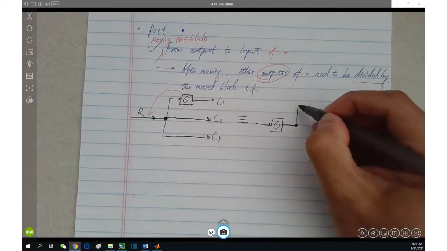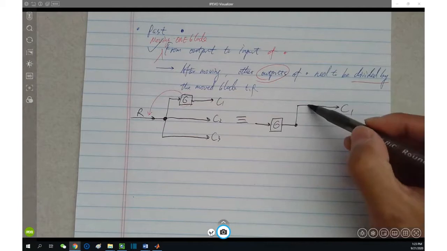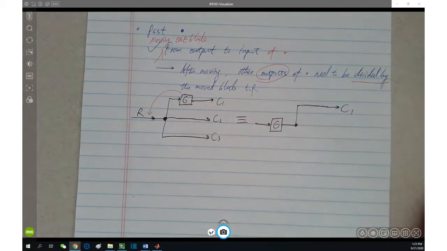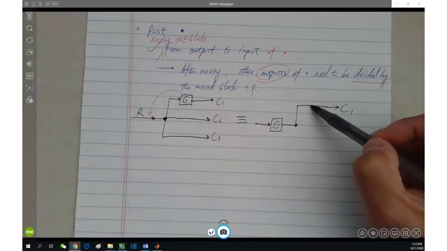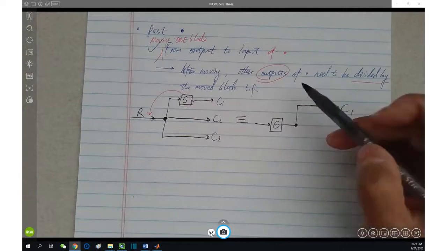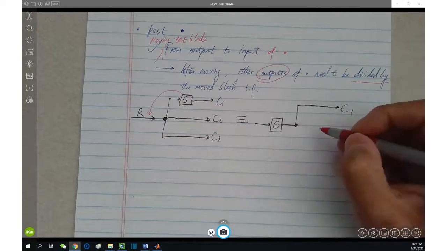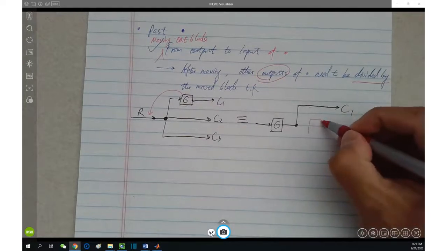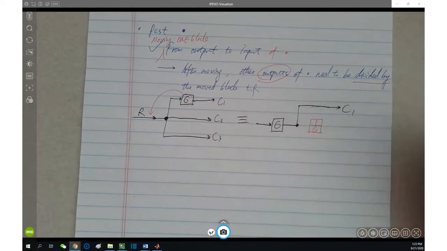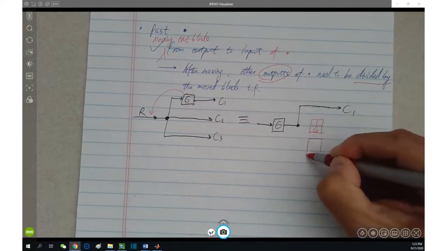Go ahead, move. Of course, after moving, this particular output branch is gone because you moved G away. So the G here is gone. Remember that. But the key is the rest, all of the other outputs of the pickup point need to be divided by G. How many other outputs? 2, right?